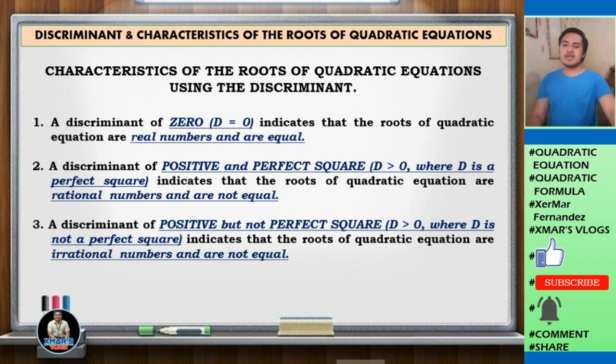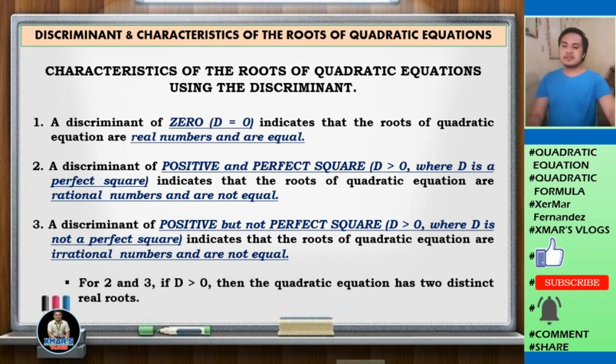Now, since we have two cases under a positive discriminant, or a discriminant greater than 0, we have to generalize. For cases 2 and 3, if d is greater than 0, then the quadratic equation has two distinct real roots or solutions.